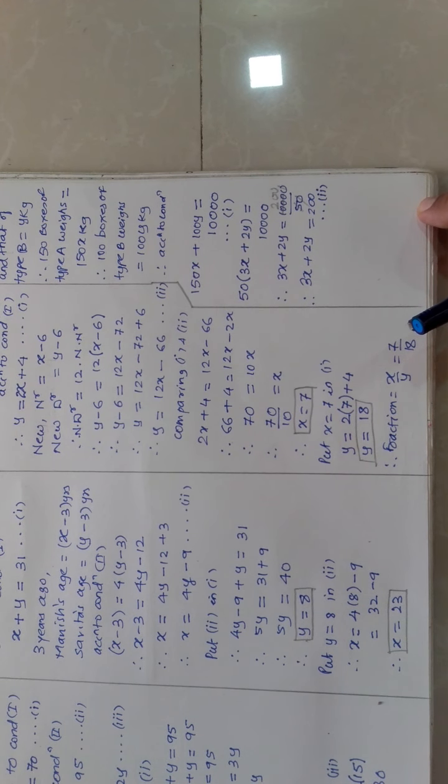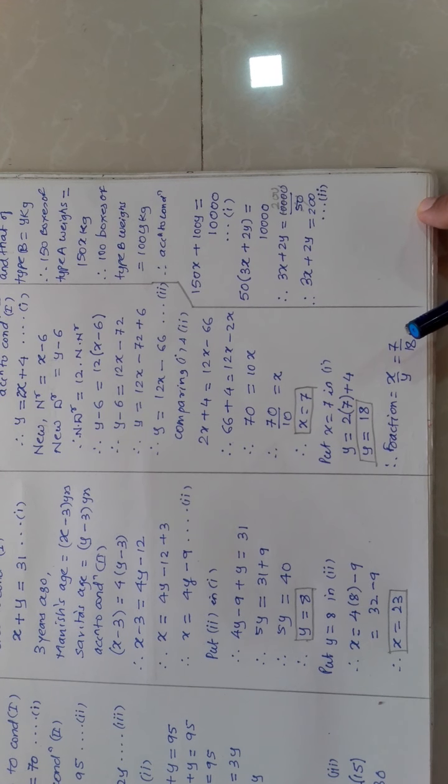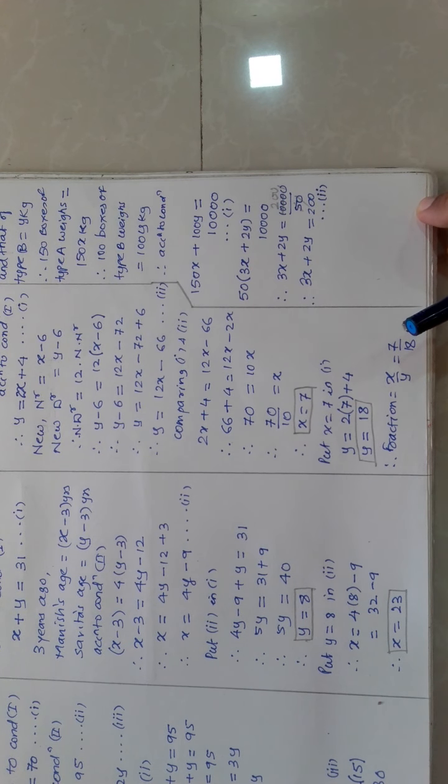When they put 260 boxes, it will not be equal to 10 tons. To become equal to 10 tons, 40 boxes of type B will be required so that it is fully loaded. Now see, the capacity is told as 10 tons. Means when you put 260 boxes of type A and 40 boxes of type B, the weight will be 10 tons.